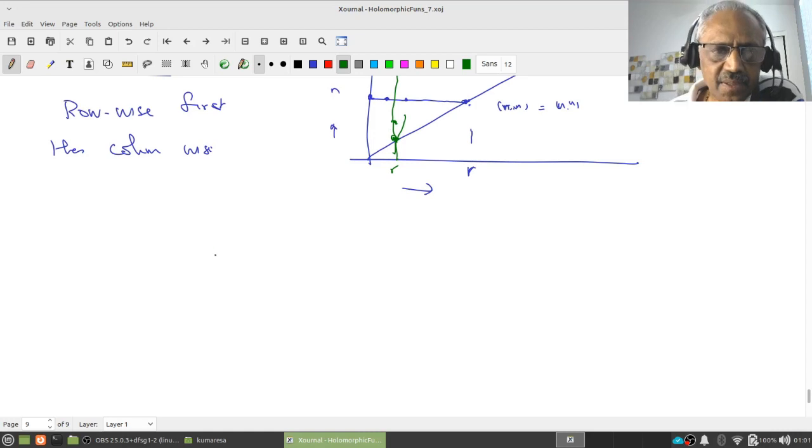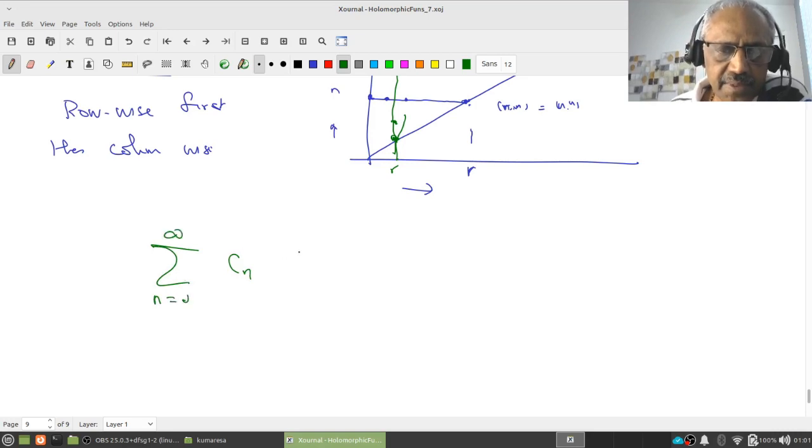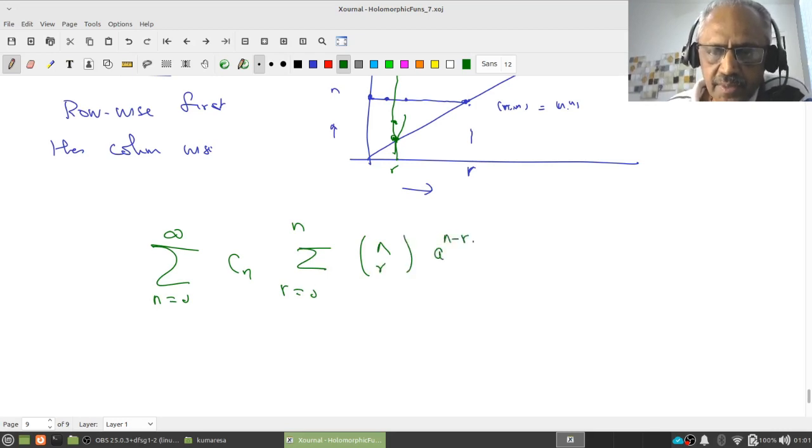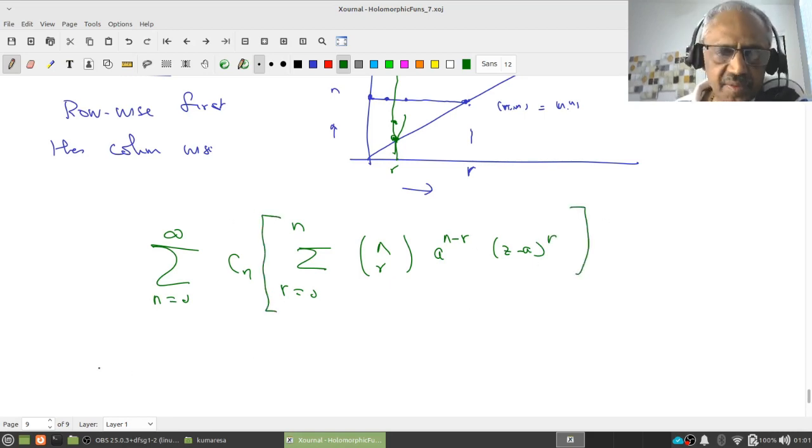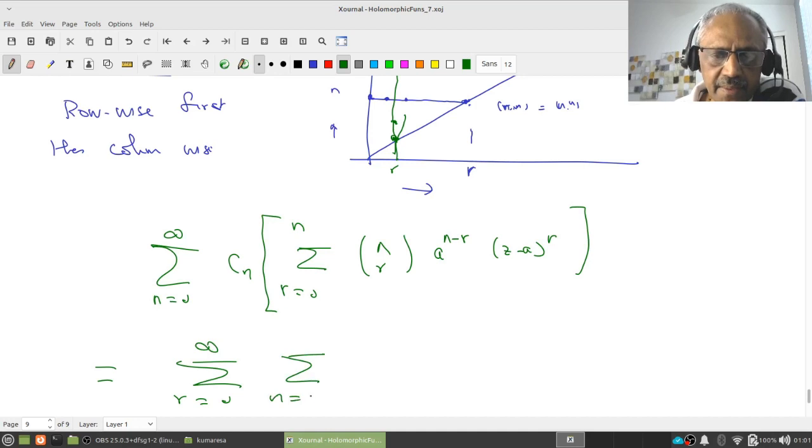Therefore this is whatever I wrote: the sum over n equal to 0 to infinity of Cn times the sum over r equal to 0 to n of n choose r, a to the power n minus r, times z minus a to the power r. This is equal to the sum over r equal to 0 to infinity and n equal to r to infinity of this.